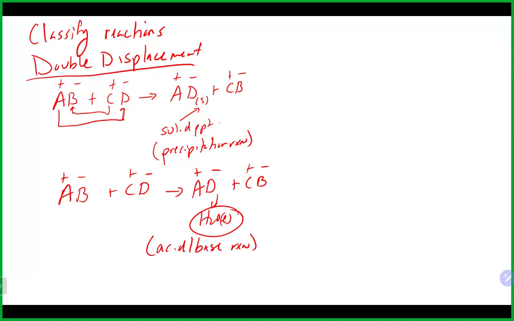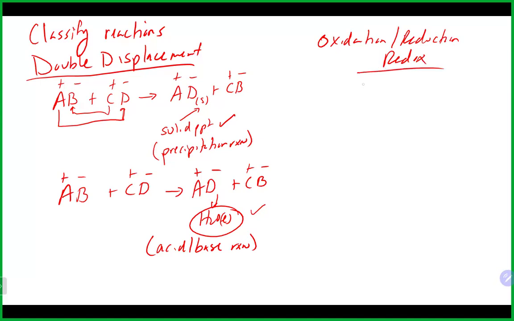And really the formation of a solid and the formation of water are two of the three reasons why pretty much all reactions take place. Either you made a solid, you made water, or what we're going to talk about right now, which is the other big classification of reactions: an oxidation reduction classification, known as redox reactions.